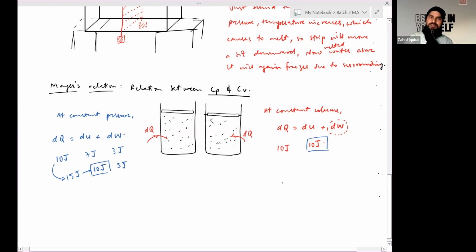Since at constant pressure, some of energy may be converted in terms of work done as well. That's why we would require some extra amount of heat supplied to the system at constant pressure as compared to at constant volume. Hence, Cp, that is molar specific heat at constant pressure, should be always greater than molar specific heat at constant volume.